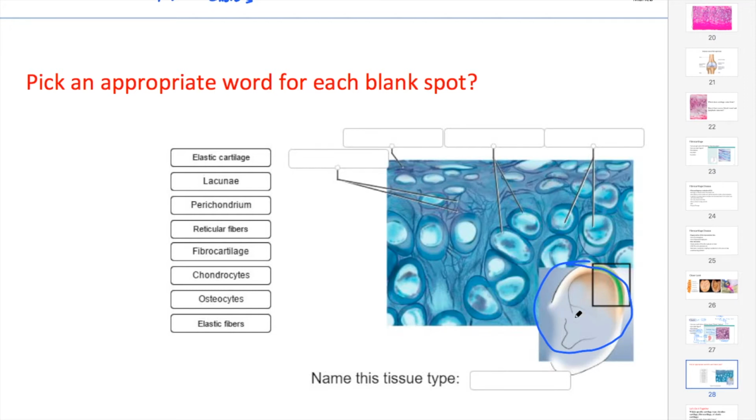So when you see this part, you have to know this is an elastic cartilage. Now, I picked elastic cartilage. This is done. Okay, what is lacuna? Lacuna is basically a compartment. So this is a lacuna.